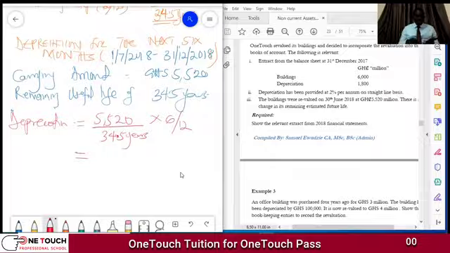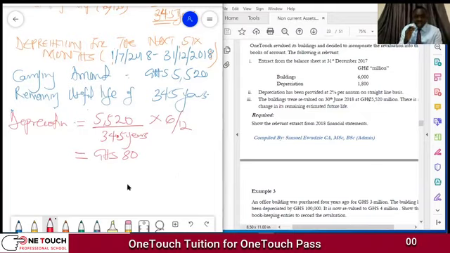5,520 divided by 34.5 times 6 divided by 12. And that gives us 80. Okay, that's 80 million, because there's million on top. Okay, good.